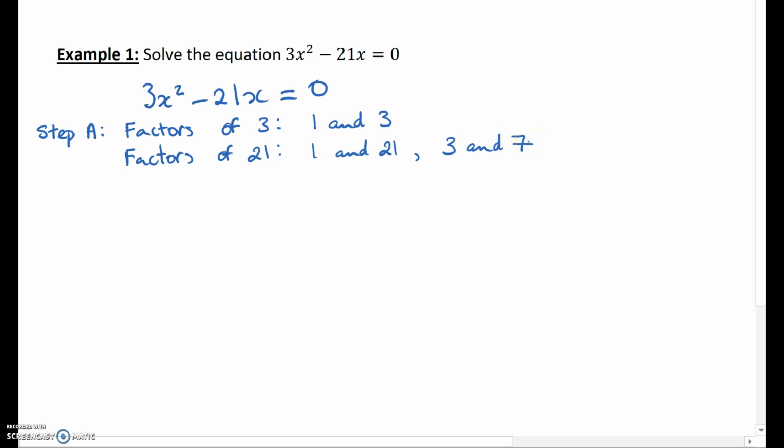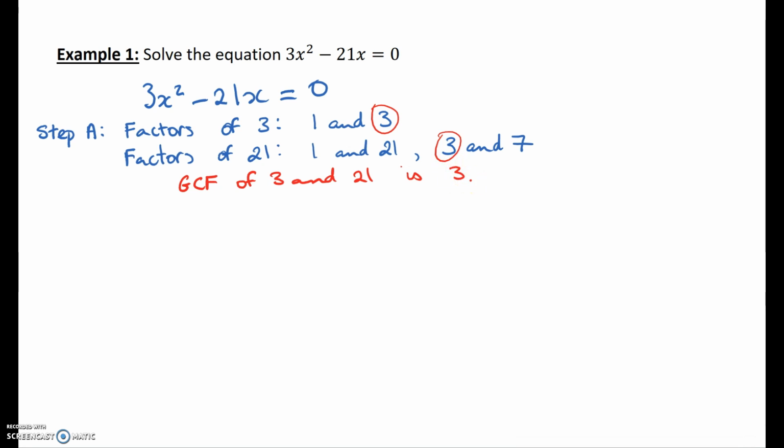Now the biggest number that appears in both of these groups is obviously 3. You also have a 1 on each line, but you only pick the biggest. So the GCF of the numbers 3 and 21 is 3.